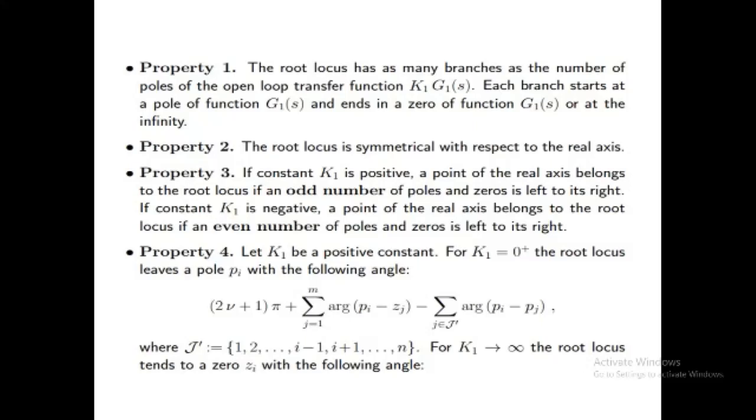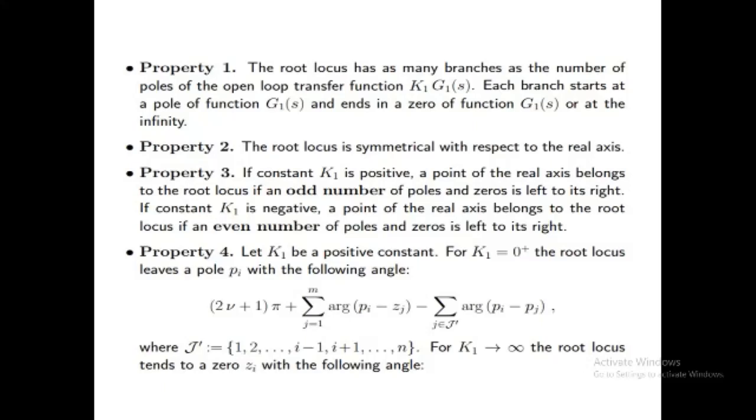Property number 4: let K1 be a positive constant, for K1 equal to 0. The root locus leaves the pole Pi with the following angle: (2v plus 1) into pi plus summation of j equals 1 to m of arg(pi minus zj) minus summation over j dash of arg(pi minus pj).